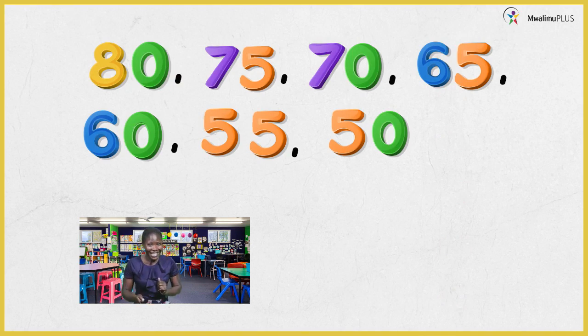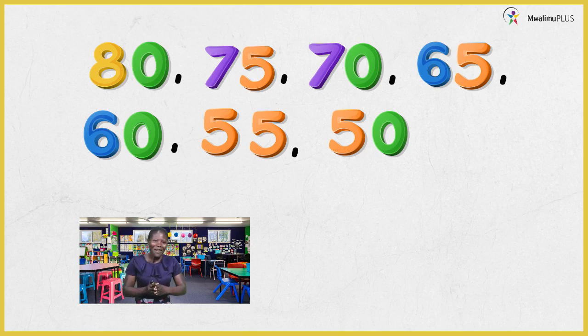That is it. Now, today we've learned how to count forward by 5 and how to count backwards by 5. Counting forward by 5, you move 5 steps forward or ahead, whereby we are only adding 5. Counting backwards by 5, we are moving 5 steps behind or back, whereby we are taking away 5.